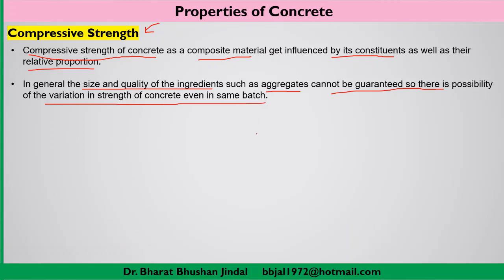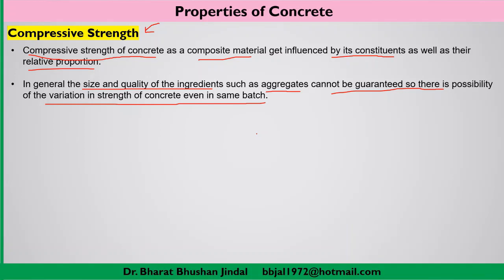That means if you are preparing a batch of concrete and you are using the same bulk of aggregate, even then you can't guarantee that that batch of concrete will have the same compressive strength, because you can't ensure that each batch of concrete will have exactly similar aggregates. The size of the aggregate varies from 4.75 to 20 mm.